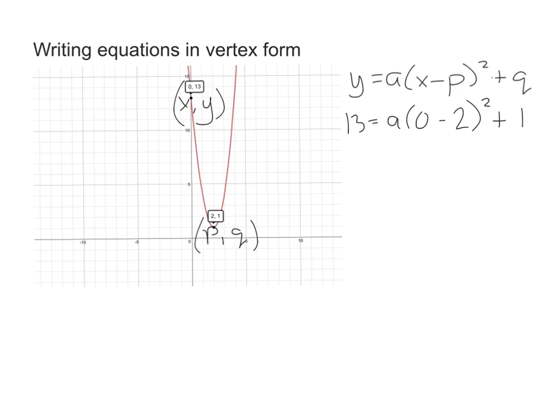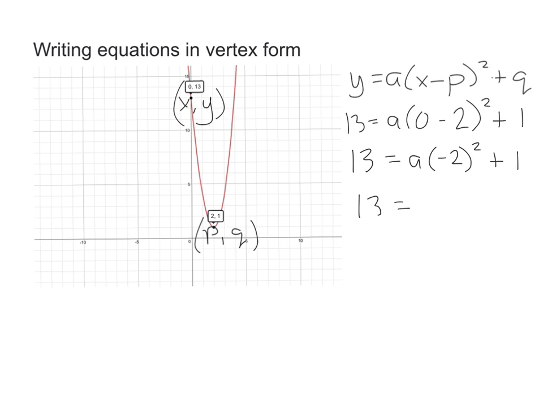So I'm going to use the equation. I'll leave that as 13 equals. I'm going to do the subtracting first, right? 0 minus 2 is negative 2 because it's inside the brackets. We'll do that first, and then what do I do next? The exponent, right. Remember the order of operations, BEDMAS: do the brackets, then the exponents.